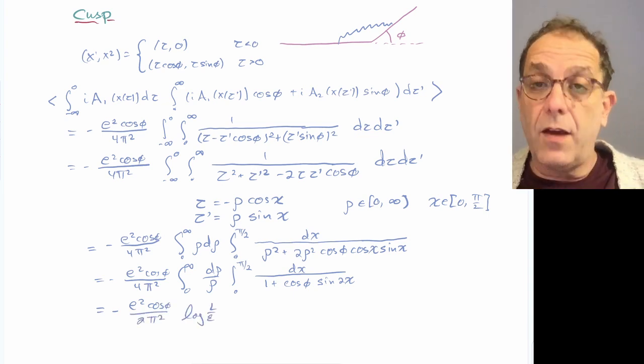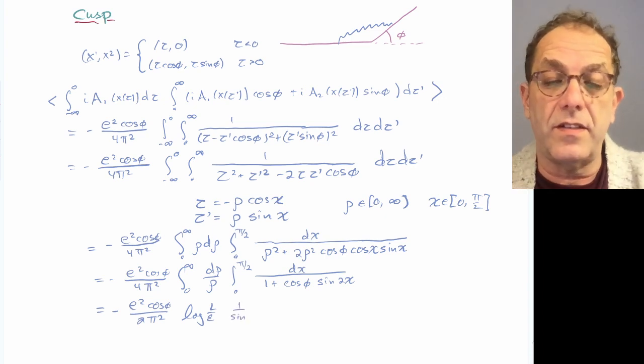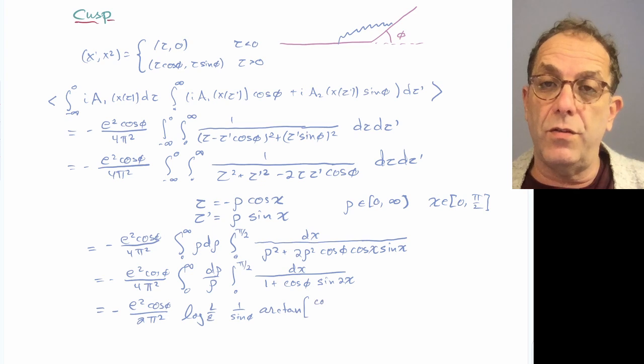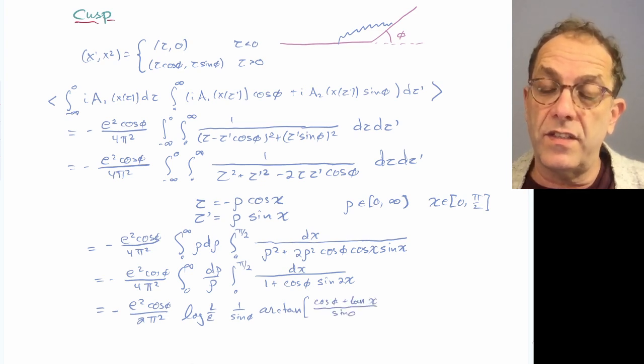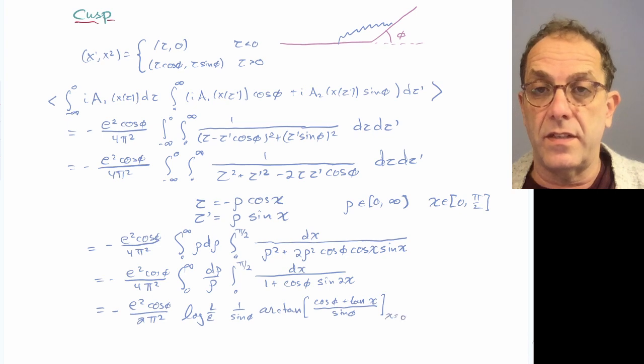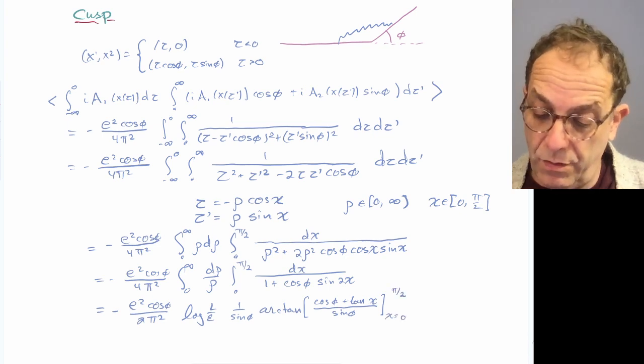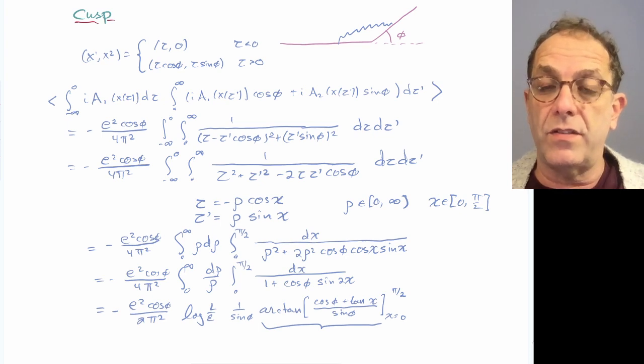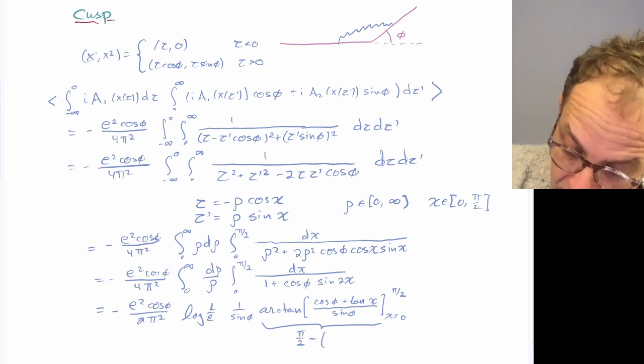Now we need to evaluate this arctan between 0 and pi over 2. At pi over 2, tan chi diverges, so arctan gives us pi over 2. Then at chi equals 0, we get arctan of cotangent phi, which is pi over 2 minus phi.